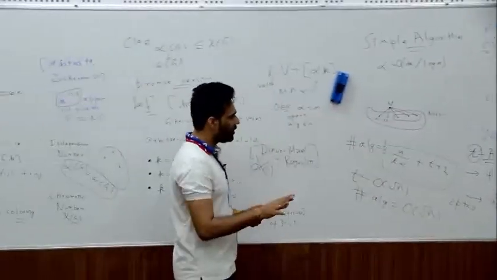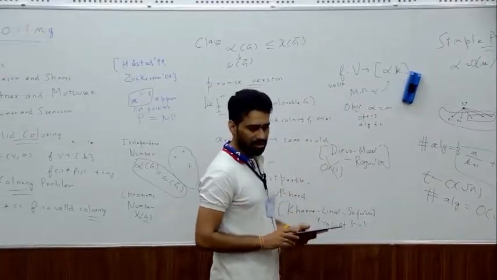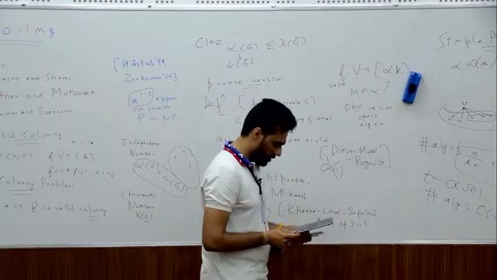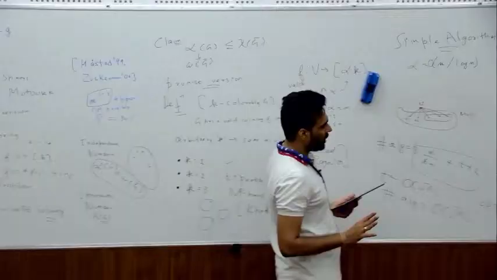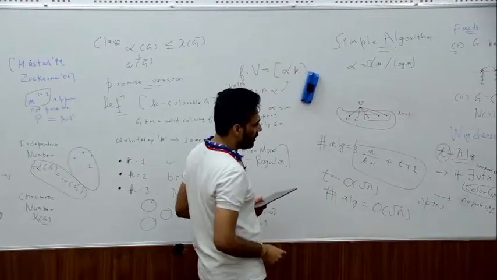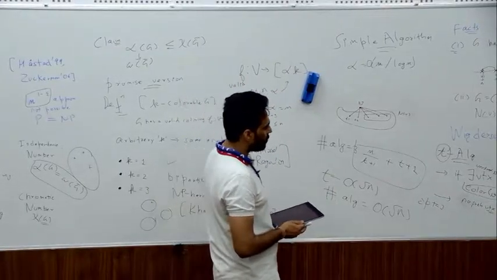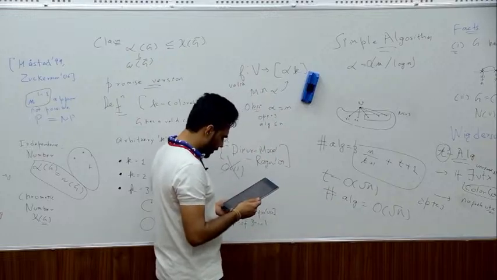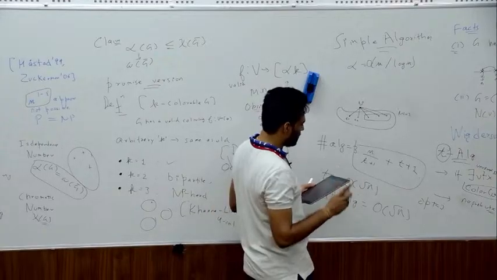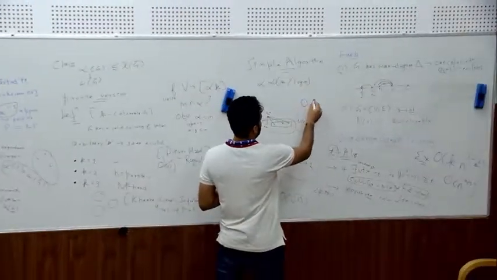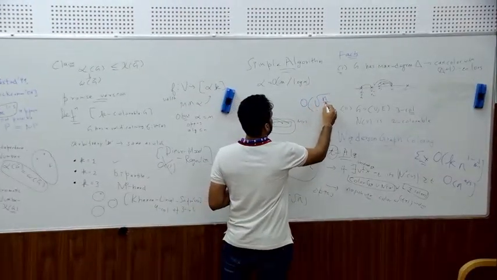Now I'll tell you how the progress happened on this problem. Let us focus on the case of k equals 3. It doesn't give the square root n algorithm. Then there were a bunch of papers, some of which had Wigderson again in them, able to give square root n by log n.